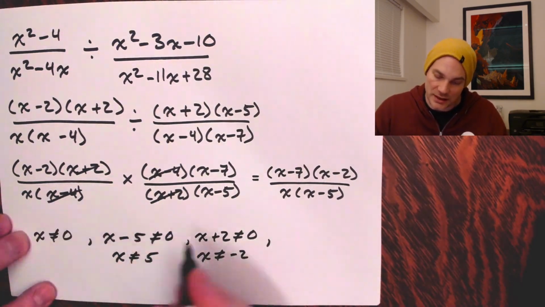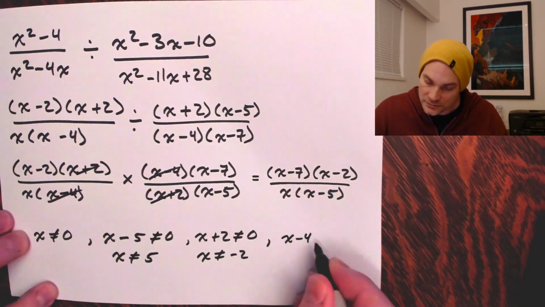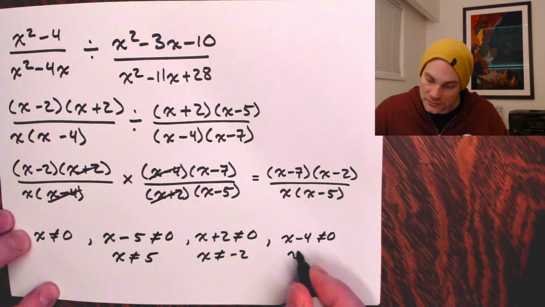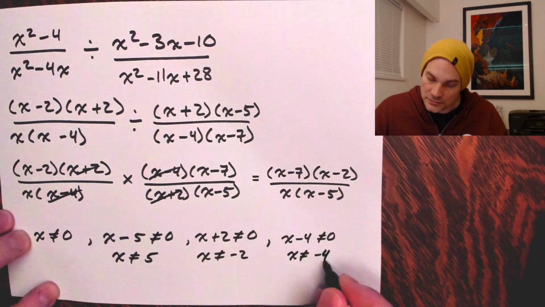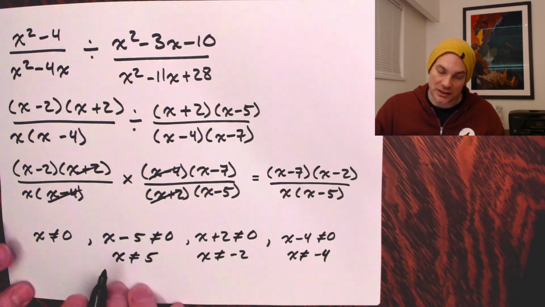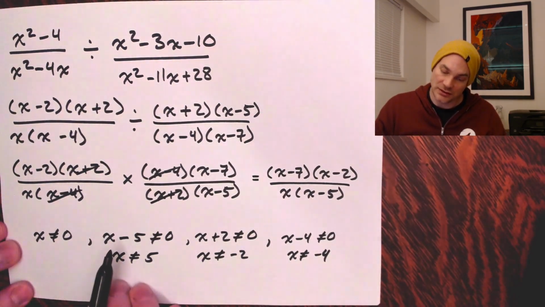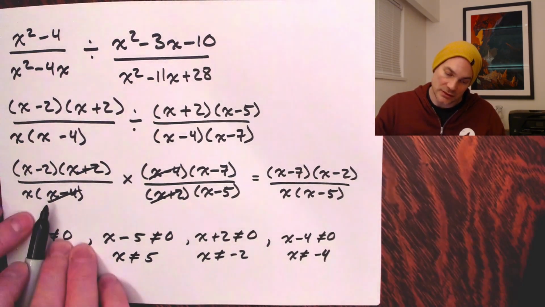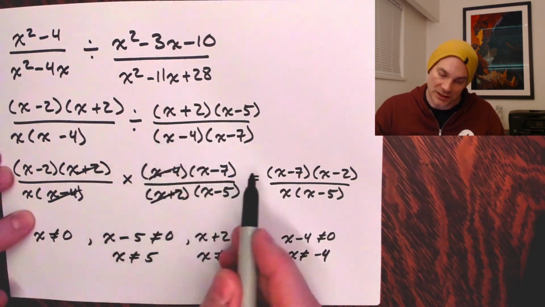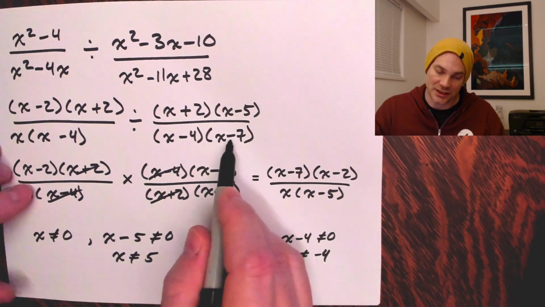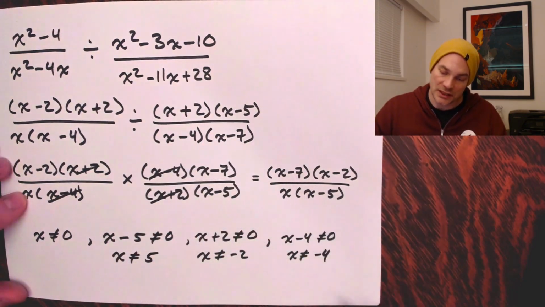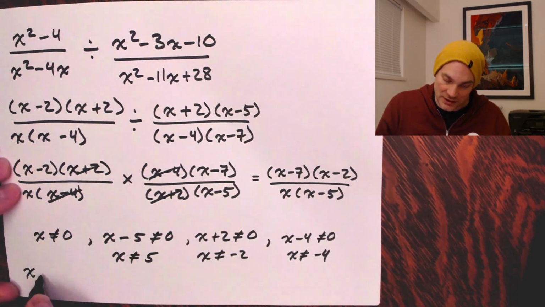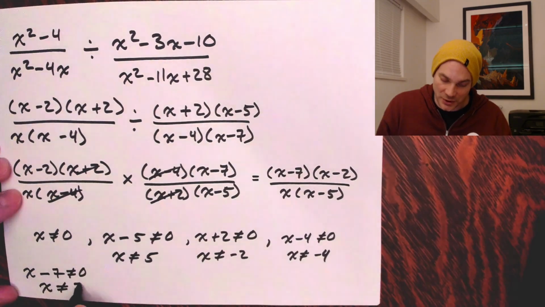And we have this, the x minus 4. And we also had some other ones. The minus 4 was here, and the 7. See, x minus 7 was in the denominator to begin with. We also have x minus 7 can't equal 0, which is x can't equal positive 7.